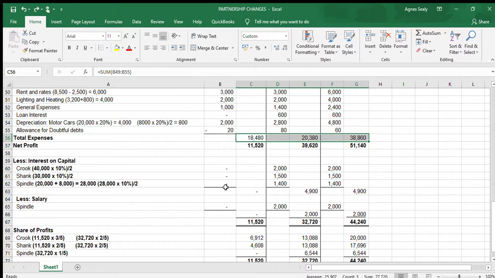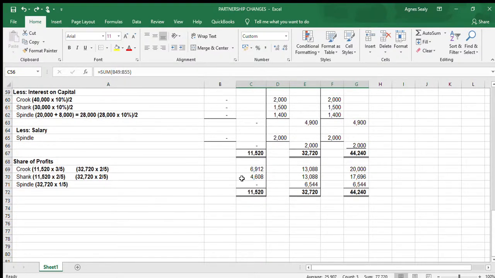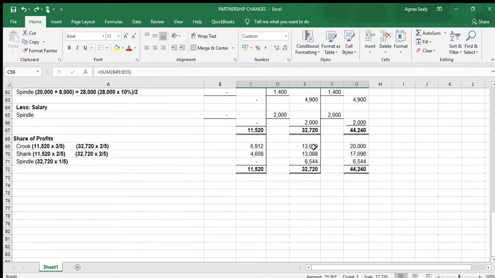And from our net profit, we took interest on capital, and we also took our salary, which gives us our profits to share. We share the profits for the first half of the financial year between Crook and Shank only, and then our profits for the second half of the year were shared between Crook, Shank, and Spindle.